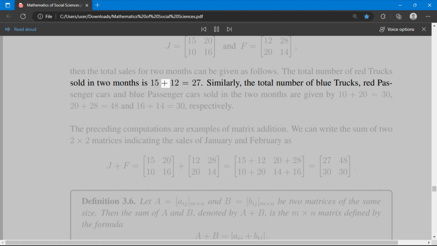The total number of red trucks sold in 2 months is 15 plus 12 equals 27.